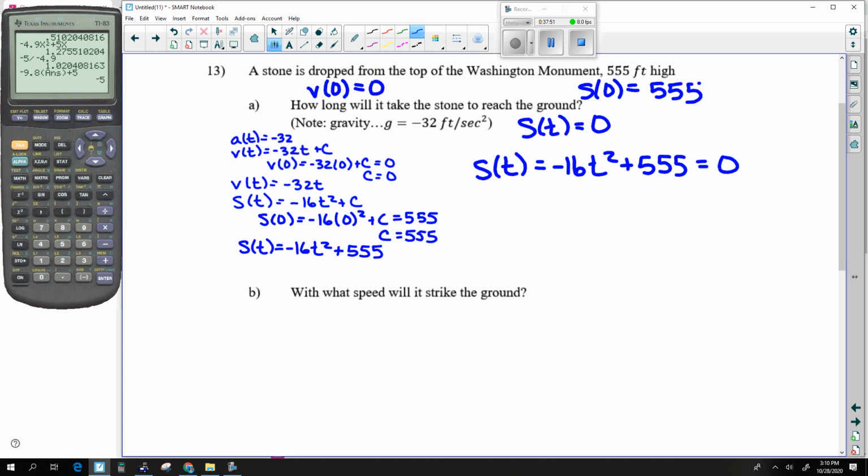That will be when it reaches the ground. So that's -555 divided by -16, square root. So 5.8896 seconds.